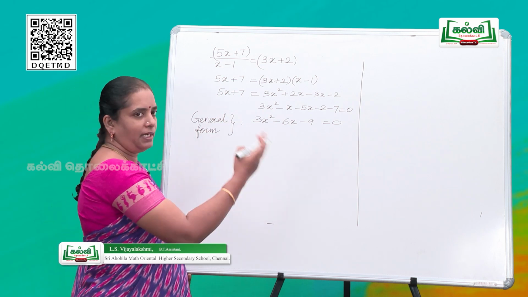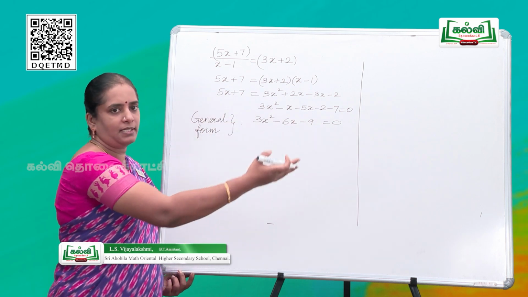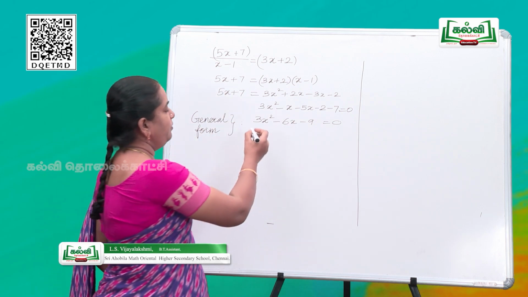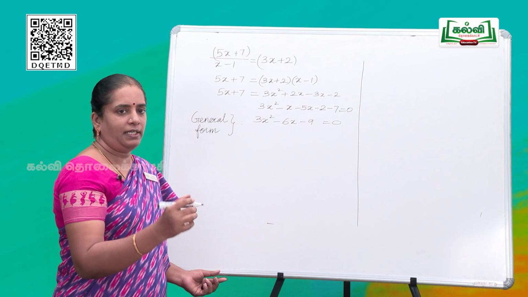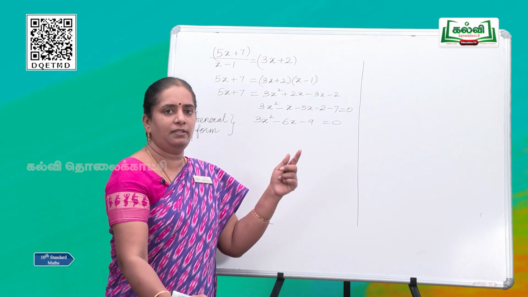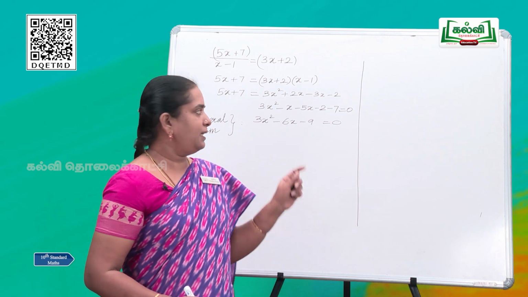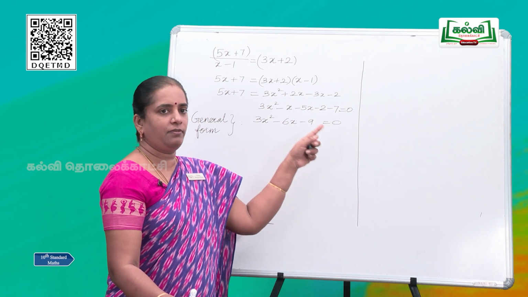To make a positive, we bring everything to the right side. So, we arrive at the equation 3x square minus 6x minus 9 is equal to 0, which is in the general form.